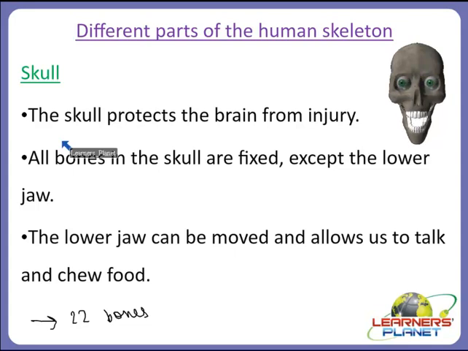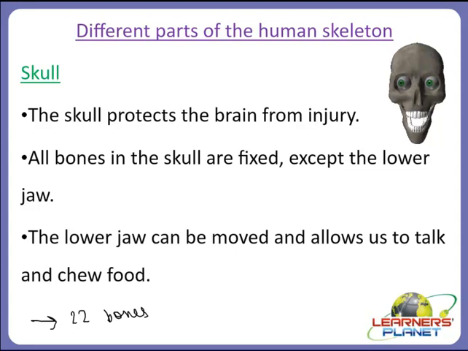Out of these, 8 bones form the brain box or cranium, which encloses and protects our brain, and the rest of the 14 bones form the shape of our face. The only movable bone is the lower jaw, which is used for talking, eating, yawning, chewing, etc. So this is about one main part of the human skeleton.